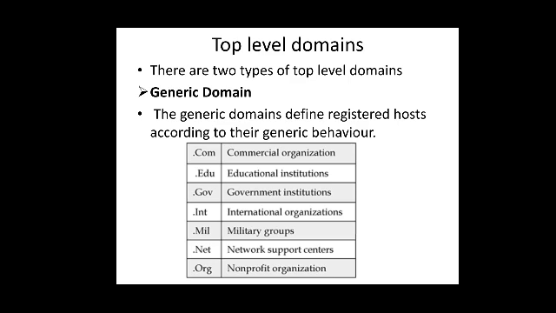May it be a generic domain or a country domain, the top level domains are issued by the international authority, which takes care of the top level domain.